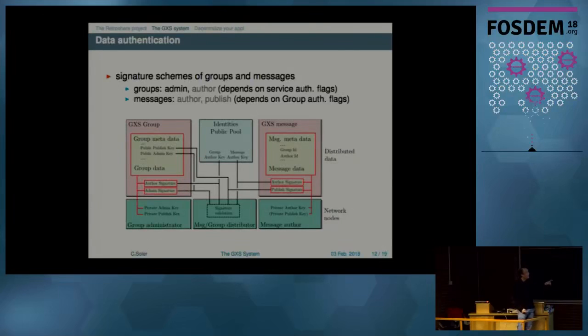But they might also require a publish signature, which will be able to control that some users have write access to some groups. So all these signatures are checked by every user in the network when distributing the data. Yeah, that's it.